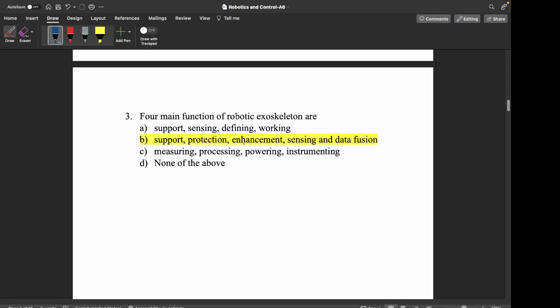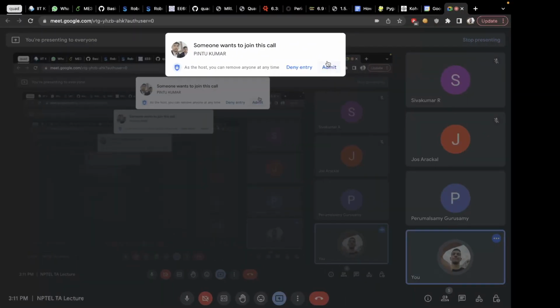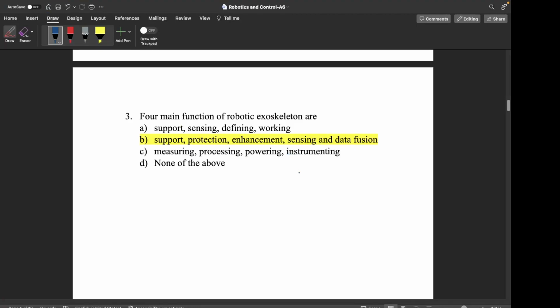Sensing and data fusion, what you can understand is that when there is a robotic, mechanical or man-made system, we can incorporate a lot of sensors on them, various kinds of sensors. And there could be a screen or something like that, where the computer of that exoskeleton is crunching all the numbers and giving us some useful insights into our environment.